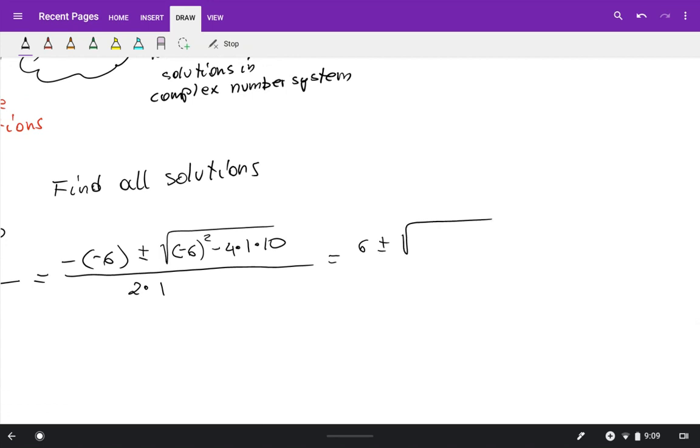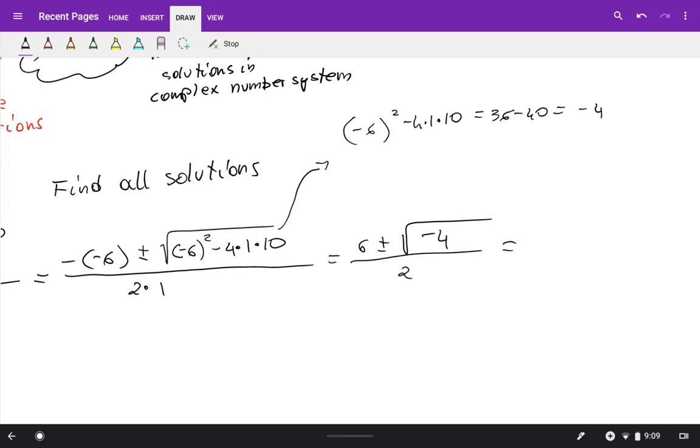Under the square root, let's just show the work here. So you have negative 6 to the second power minus 4 times 1 times 10. That will give you 36 minus 40, which gives us negative 4. So we have the square root of negative 4, over 2.